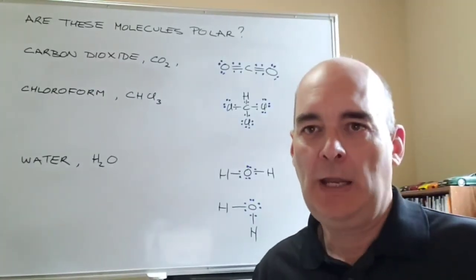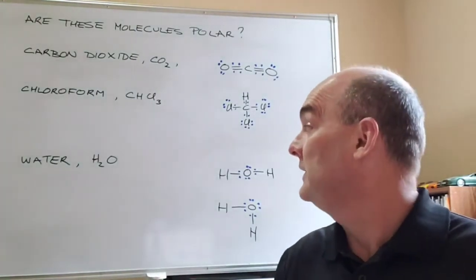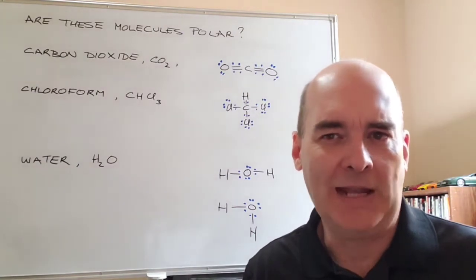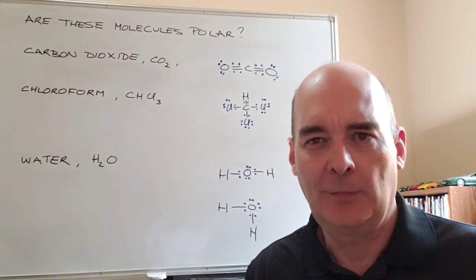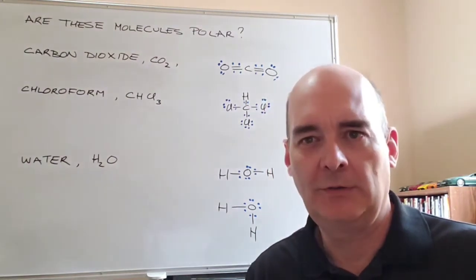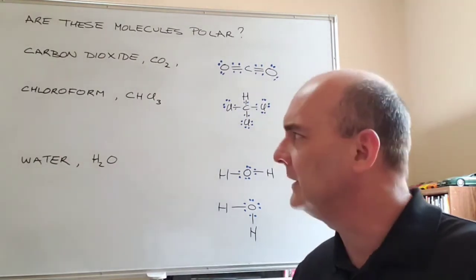So here are a couple of small molecules, and each of these molecules has an electronegative atom in there, at least one, and so there's the potential for polar bonds. Let's go see what that polar bond does to the molecule in its entirety.